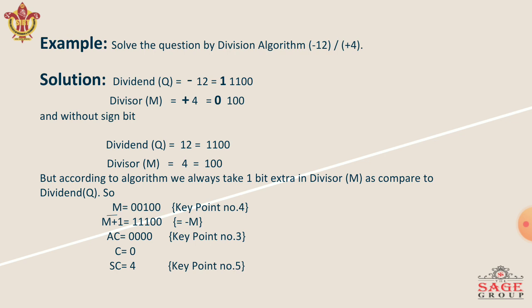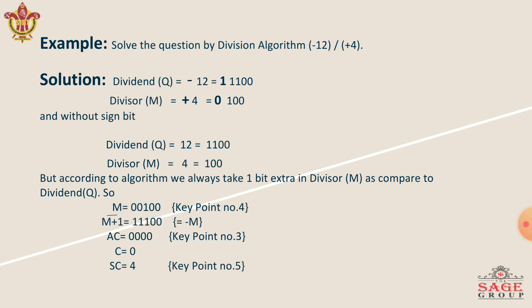The binary value of minus 12 equal to 11100. The leftmost 1 represents the sign bit, and divisor M, plus 4, value is 0100.